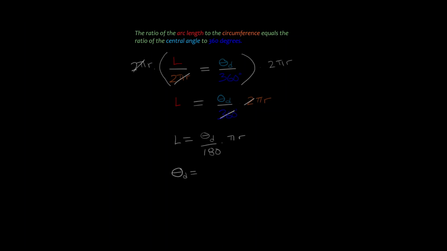So you have L divided by pi over r times 180. And that's how you calculate the angular displacement. And this is how you calculate the arc length. And there you go. That's it.